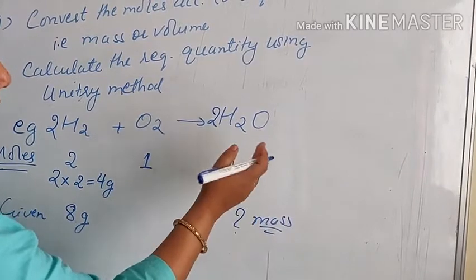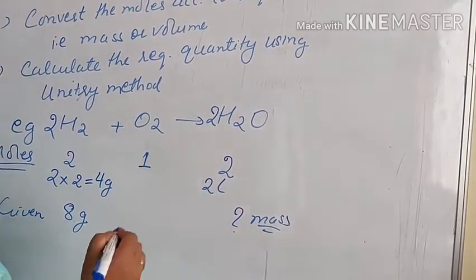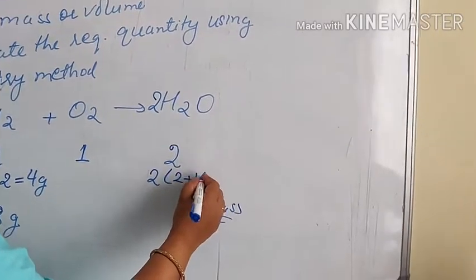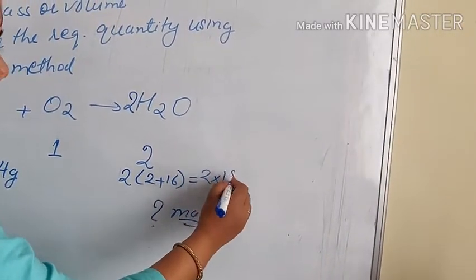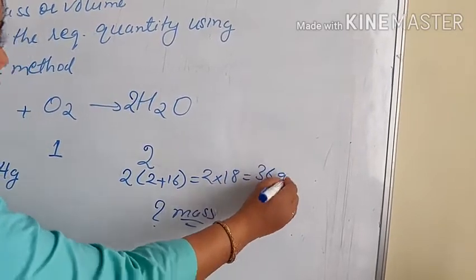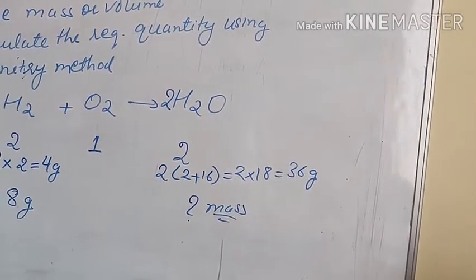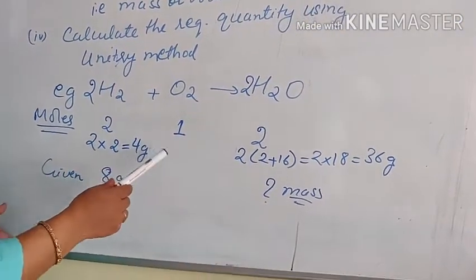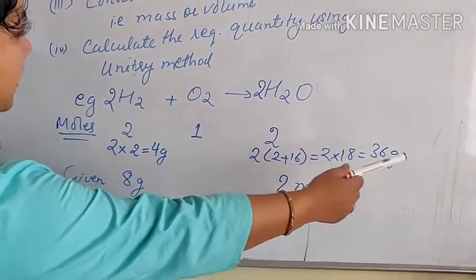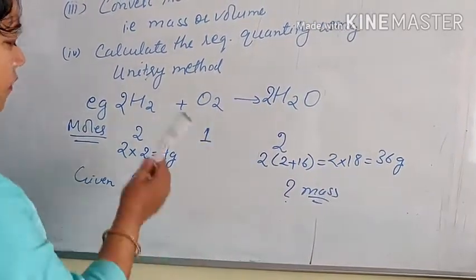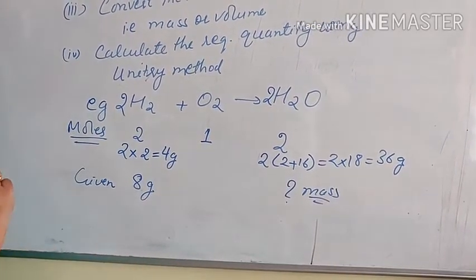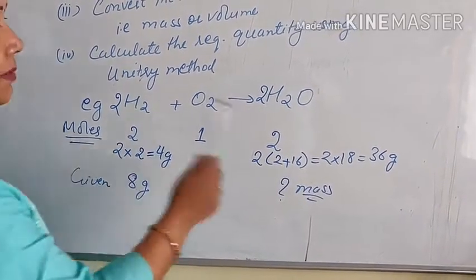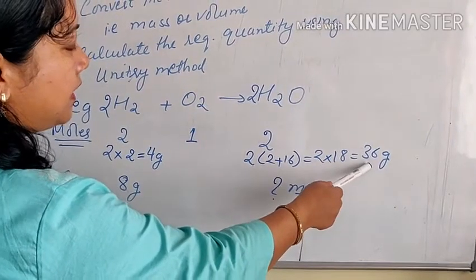These 2 moles can again be converted into grams by calculating the molar mass of water, which is 2 plus 16, that is 18, so 2 into 18 means 36 gram. So from this equation we know that 4 gram of hydrogen reacts with oxygen to produce 36 gram of water. So it means 8 gram of hydrogen will react with oxygen to give double the amount of this number.